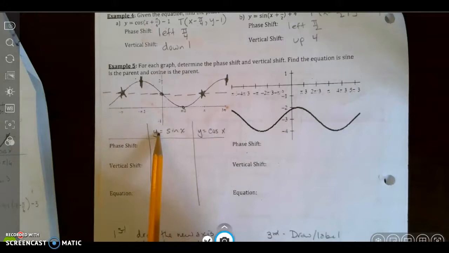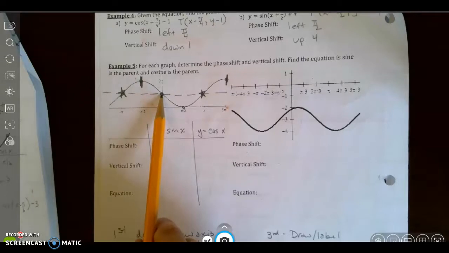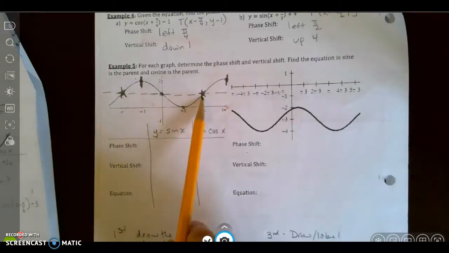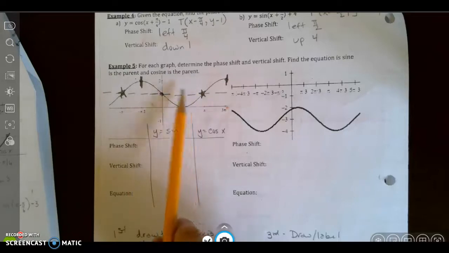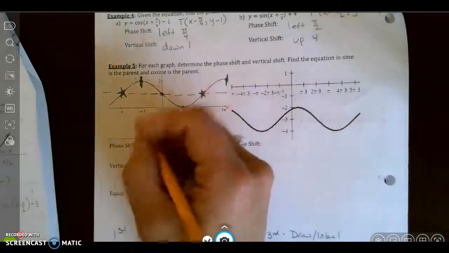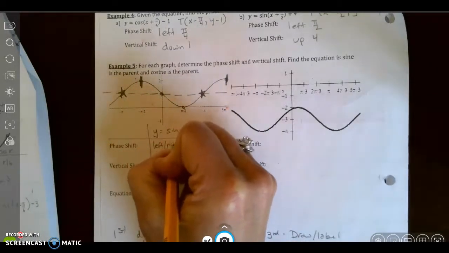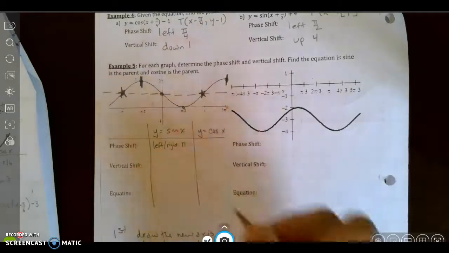Now I'm just going to focus on sine. The phase shift, look at my stars, left pi or right pi. Which one is closer? Always go with the closest one. Well, they're the same, which means I have to write left or right pi.